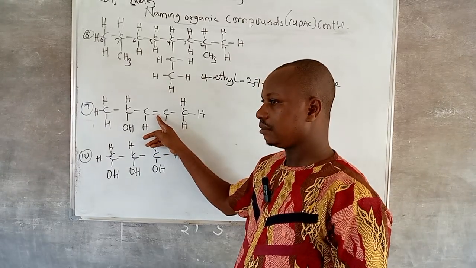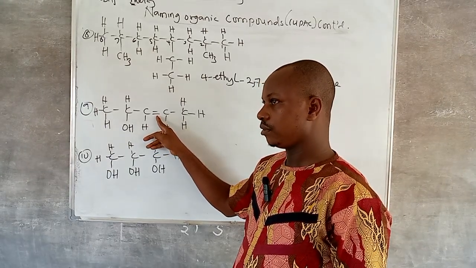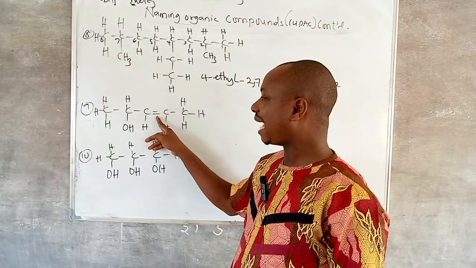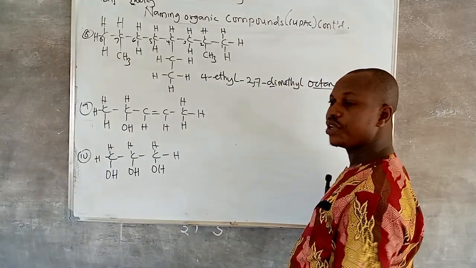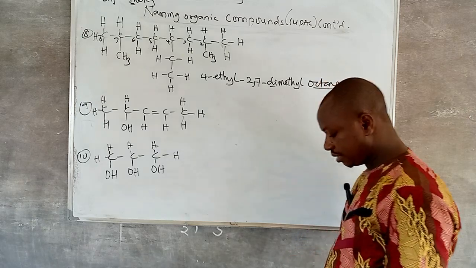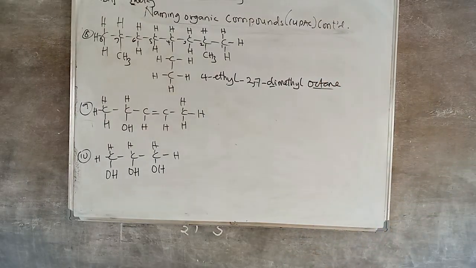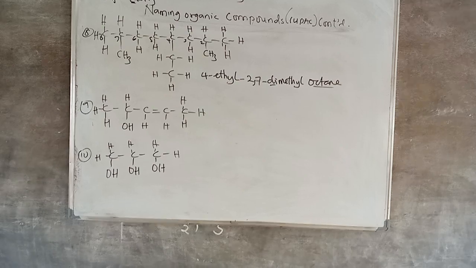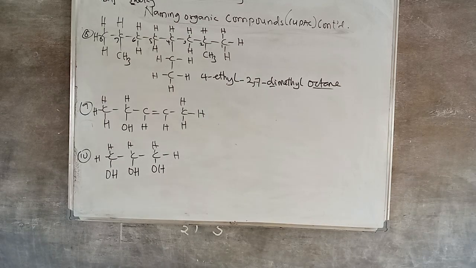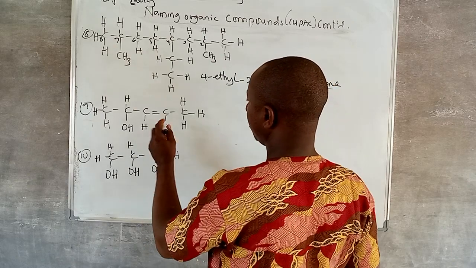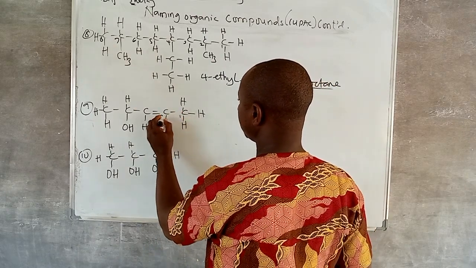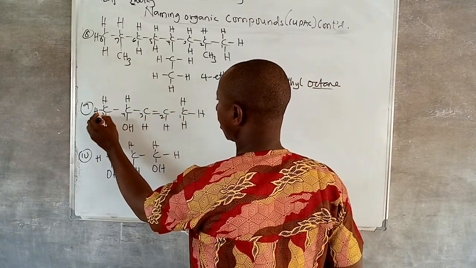Alkene, double bond. That is to say that this whole head will merely act as a branch. So if I start to number all these things now, look at how it is going to be. If we are starting here to number, it will be 1, 2, 3, 4, and what? 5.